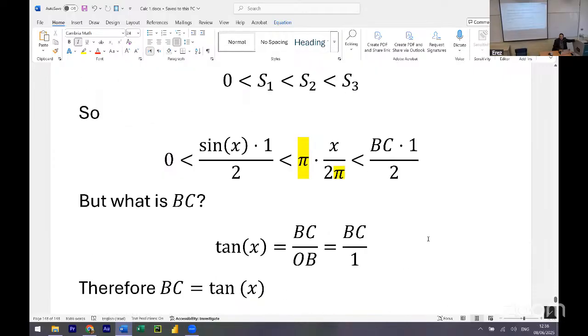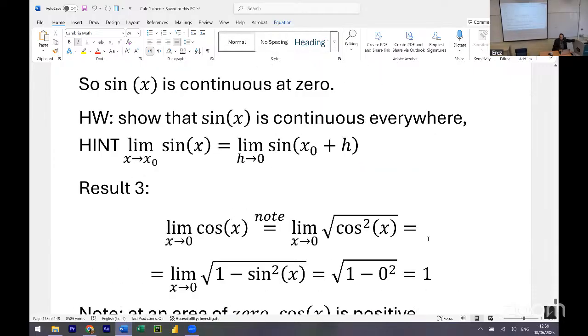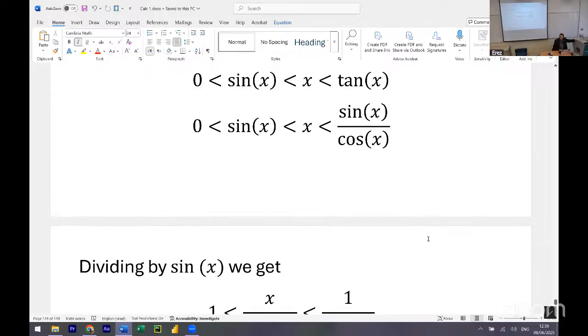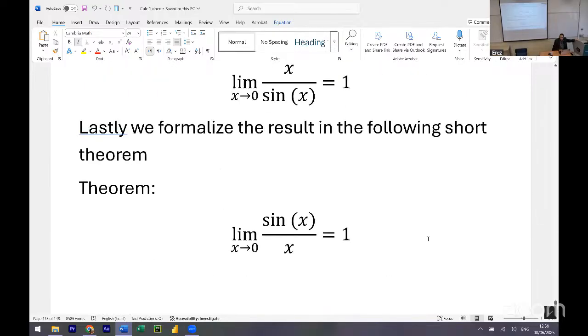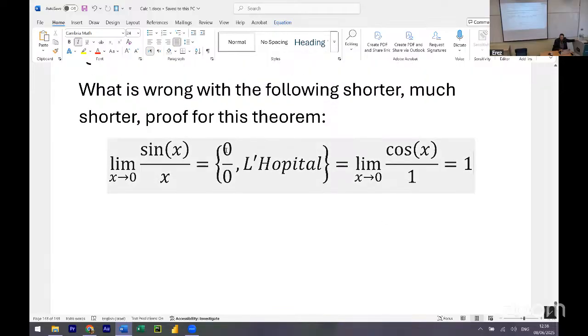Yeah, and how do we calculate the derivative of sine of x? By using what we just proved. Yeah, exactly. That's the main thing. One can also say that we use here that sine goes to 0 and cosine goes to 1, which we also proved using the geometric tools.